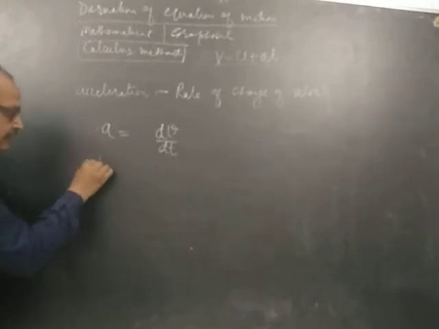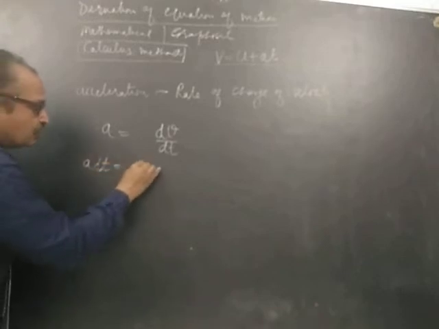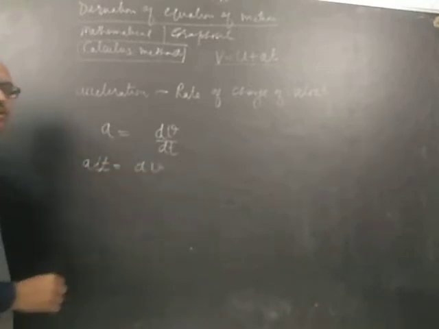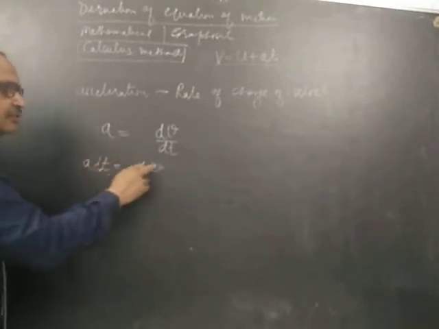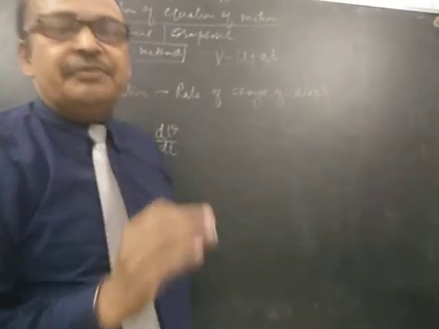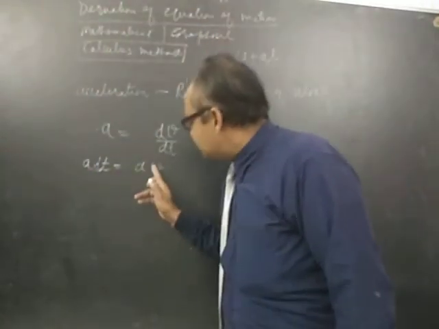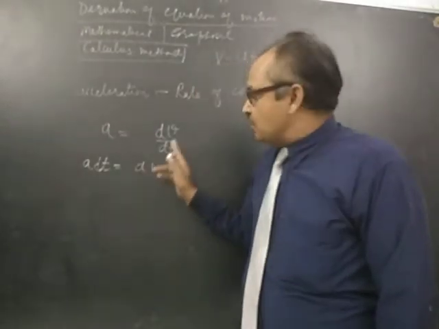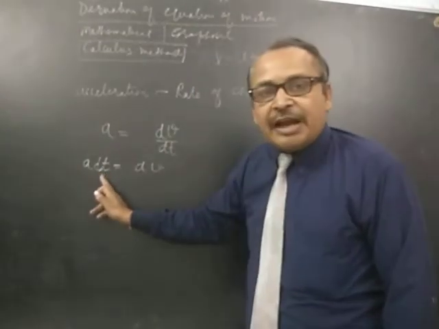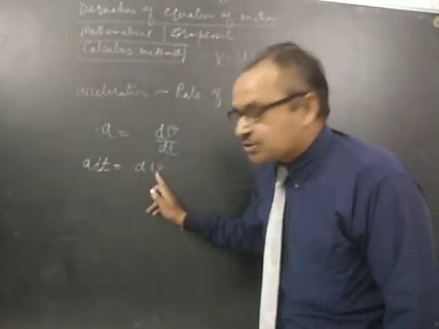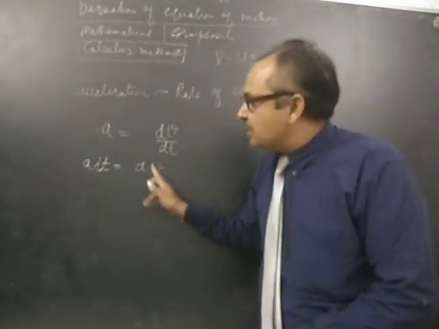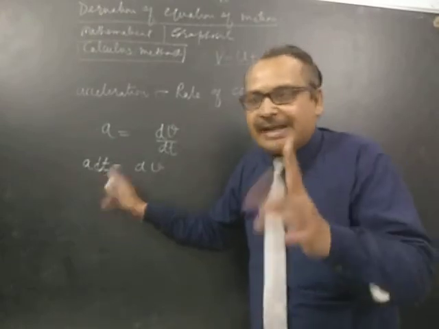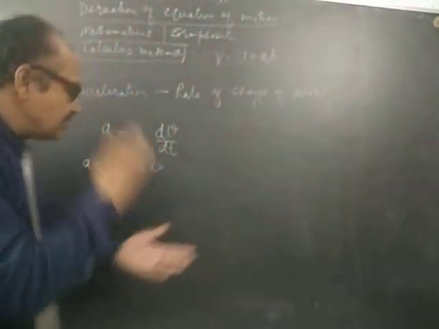Now simply cross multiply. What you get? a dt is equal to dv. This is the function of velocity, and this is the function of time, dt. Clear?